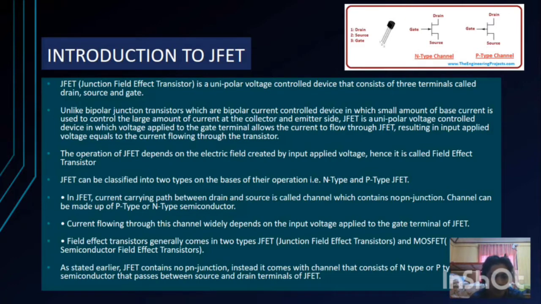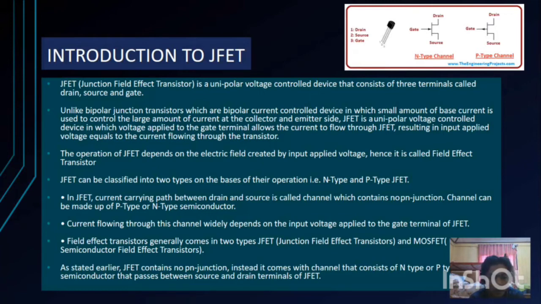In JFET, the current-carrying path between drain and source is called the channel, which contains no PN junction. The channel can be made up of P-type or N-type semiconductor. Current flowing through this channel depends widely on the input voltage applied to the gate terminal of the JFET.